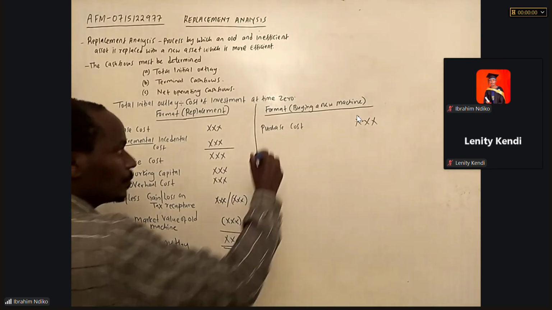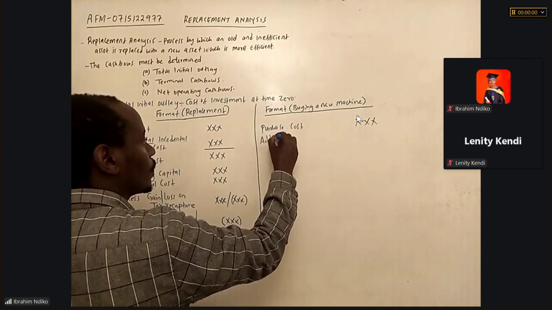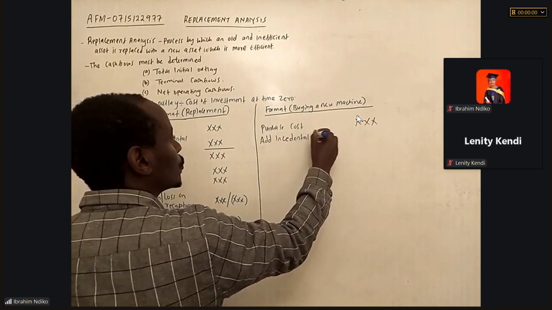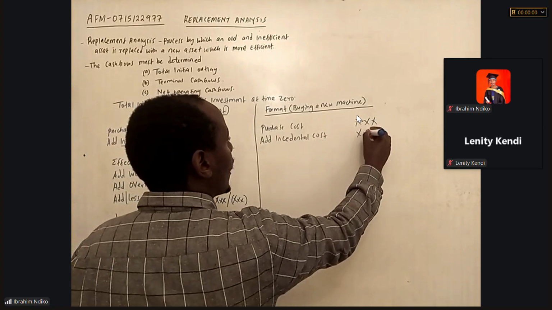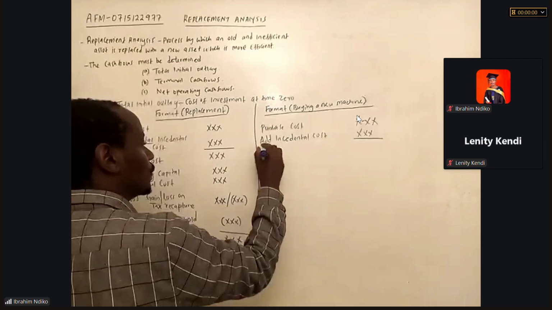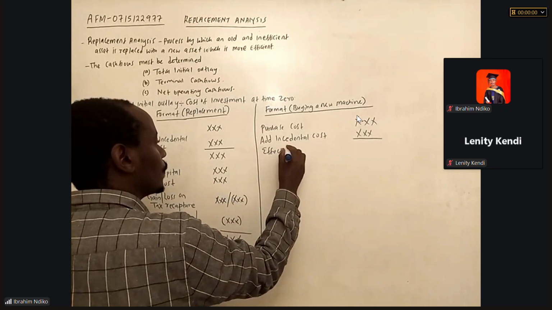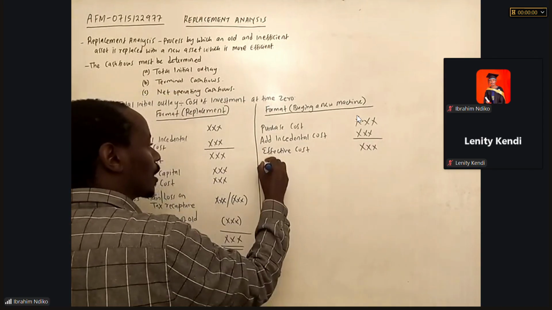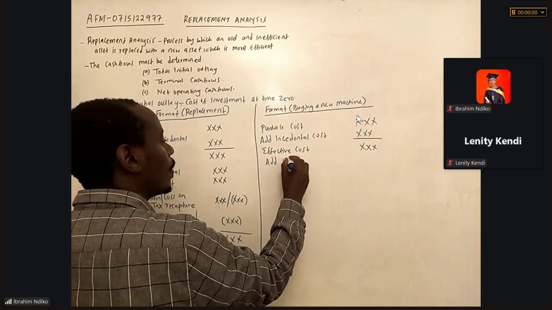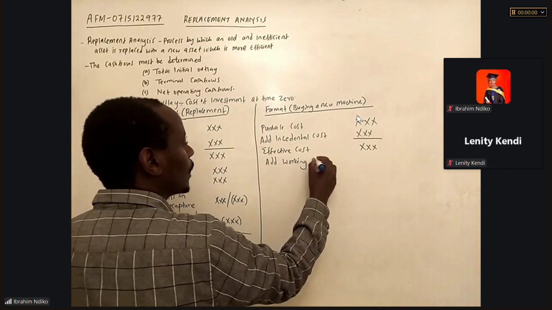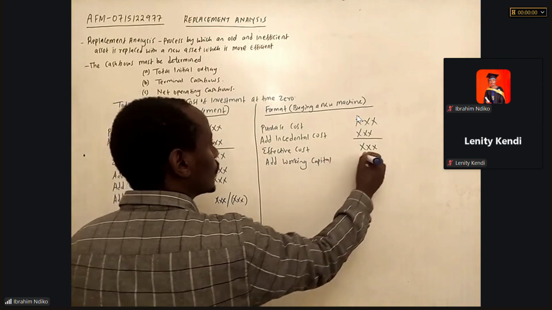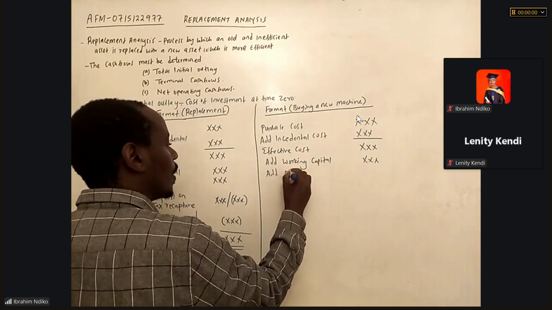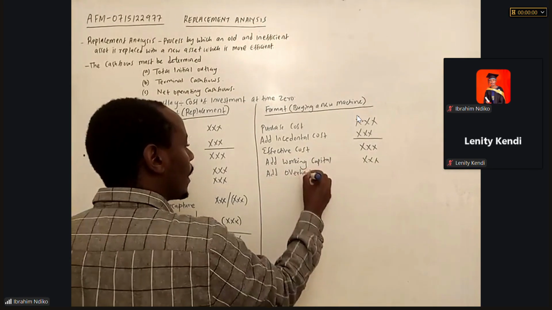So here you just add incidental cost. Then you get what we call the effective cost. Then we add working capital, then overhead, to get the overall cost.